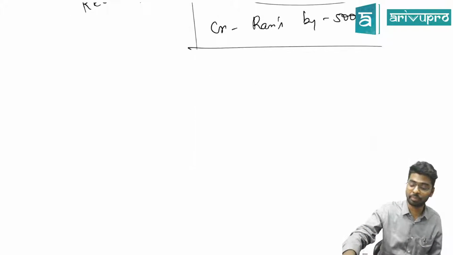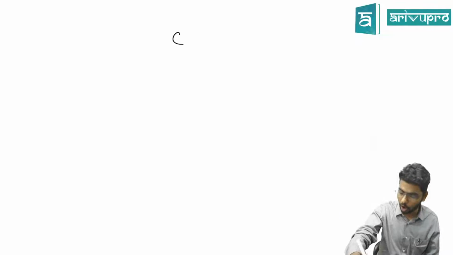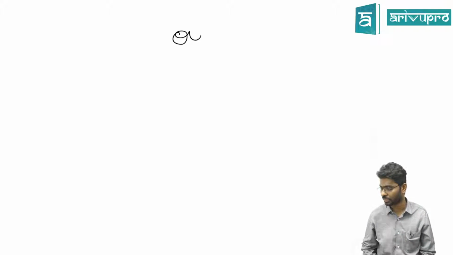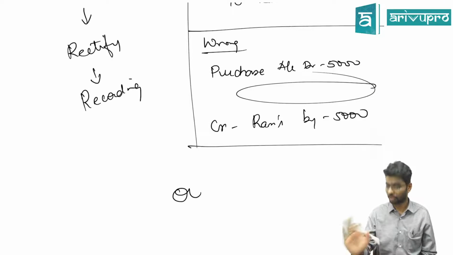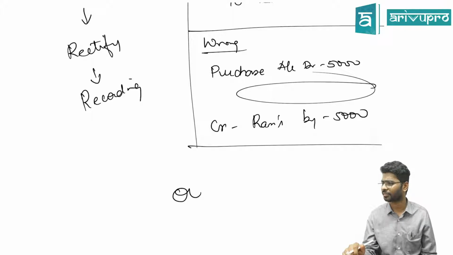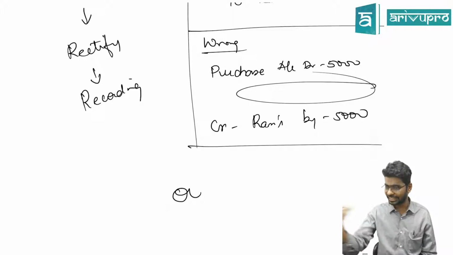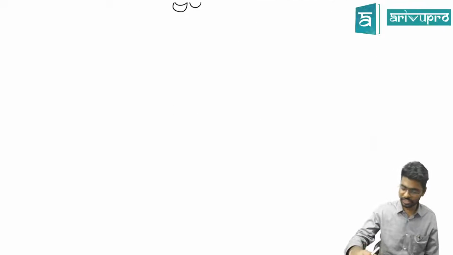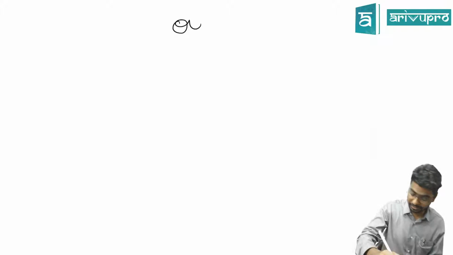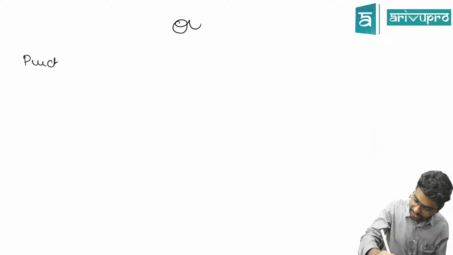Now let me try passing the journal entry. If you guys want to pass the journal entry or an alternative solution for it, we know because of this error, will the trial balance tally? Trial balance will tally? No, right? Which side is going to be more? Debit side. Credit side, I will balance it by writing as what? Suspense account. So see here, I am assuming that I have done a journal entry like this.